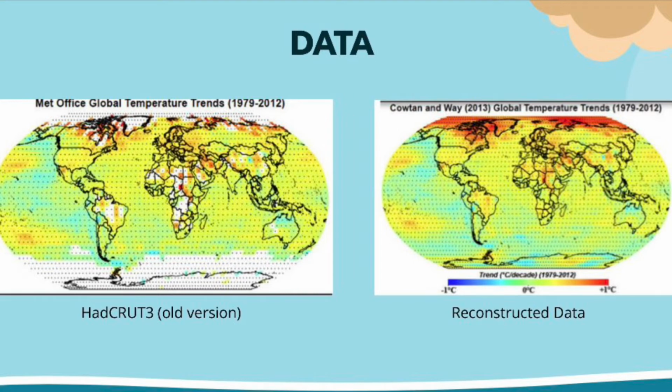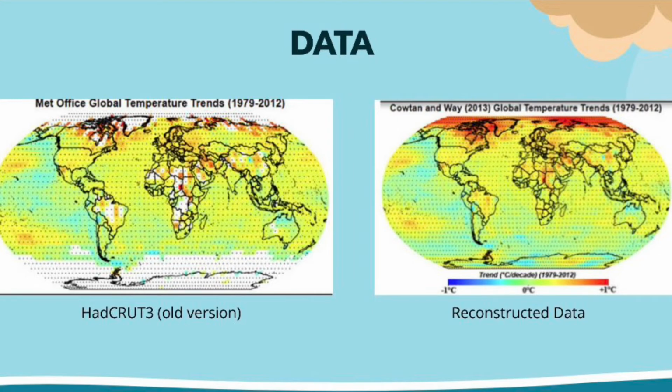As you can see, the white areas on the map are the data gaps. So for whatever reason, those areas were not measured, or there's inadequate data and it just didn't get factored into the global average temperature. And a lot of the areas that weren't covered were the polar regions.